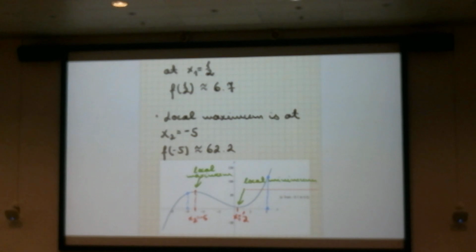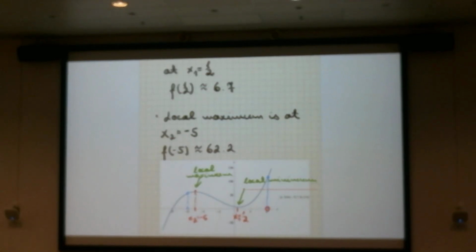Then, as always, you start with your critical points. We found one critical point at -5, another one at 1/2. So these are within the interval. This is local maximum, this is local minimum. But now I can say something more about global maximum.